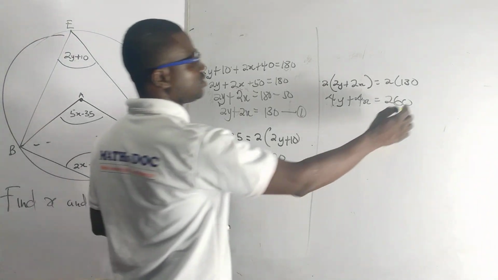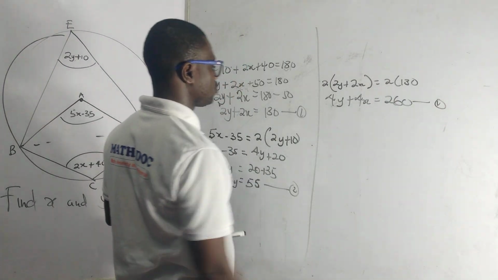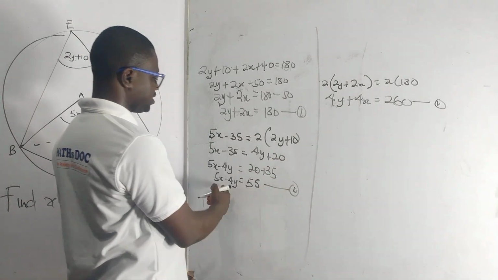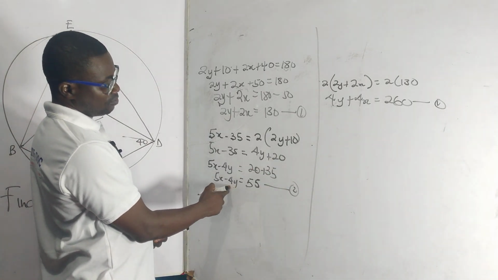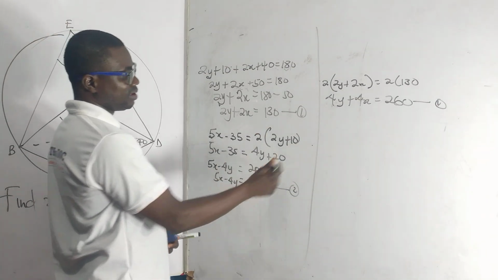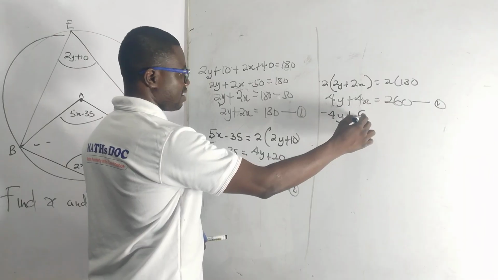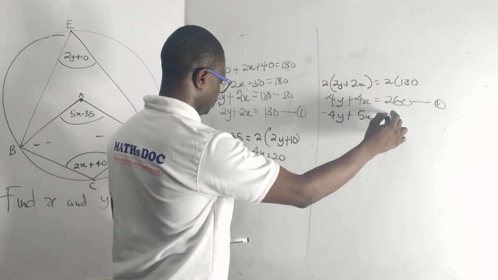So this is still equation 1. And the second equation will still maintain it, but make sure you write it to make them in line. So we bring the minus 4y here, then plus 5x is equal to 55.